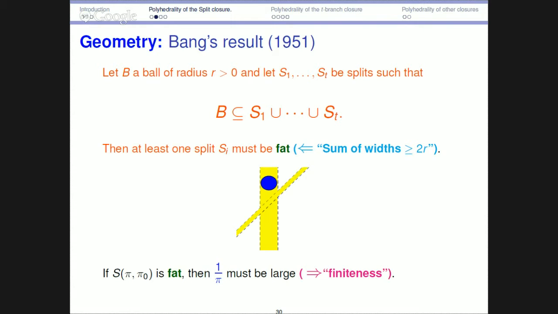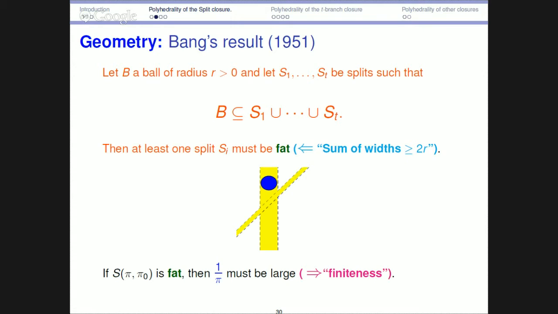Fat enough means, in some sense, that the distance between the hyperplanes is large enough to cover the ball. And actually, you can prove that given a radius, there are only finitely many split sets that contain the ball.